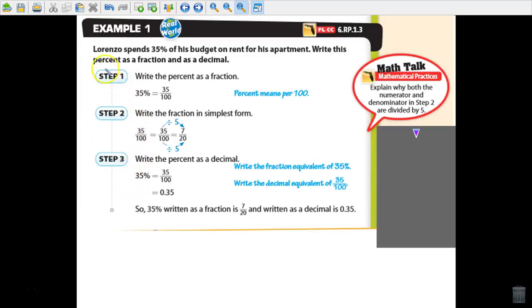So, example one: Lorenzo spends 35% of his budget on rent for his apartment. Write this percent as a fraction and as a decimal. So we have 35%.